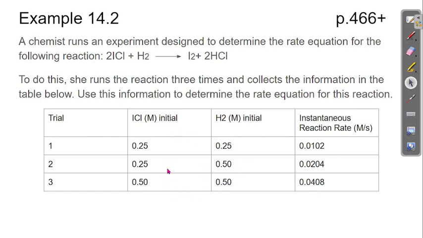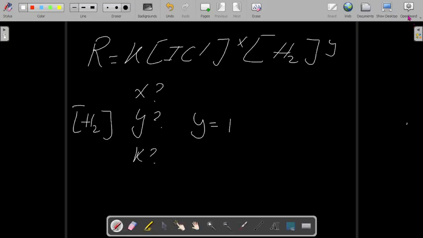So this doubled, and if you divide this number by this number right here, you'll see that it also doubles. And once again, the exponent that allows that to happen is 1. X equals 1.